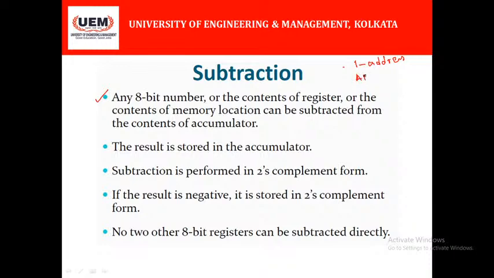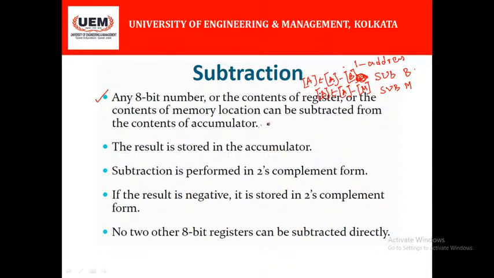Because the instructions are, say, SUB B, say SUB M. In the case of SUB B, we are subtracting the content of the B register from the accumulator, and in the case of SUB M, we are subtracting the value of the M memory location from the accumulator, and the result is stored in A.